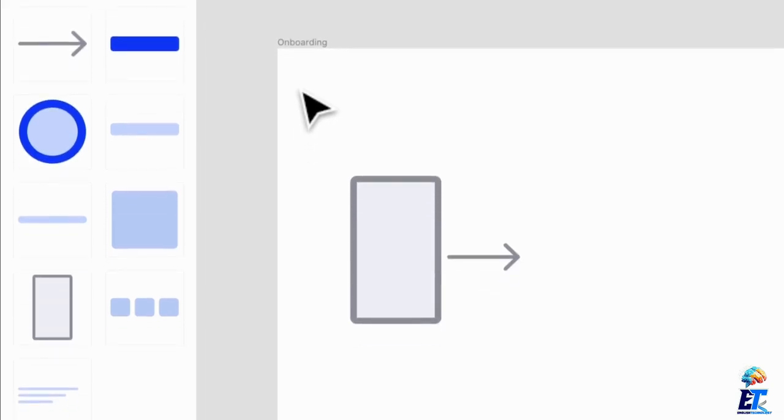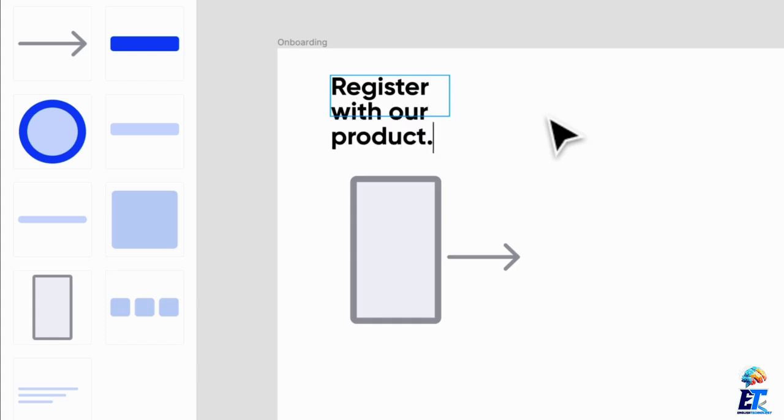Step 1 of creating a user flow is to have a title. So let's think about our title. Our title should be, what do we want the user to actually accomplish during the onboarding? I want the user to register with our product.